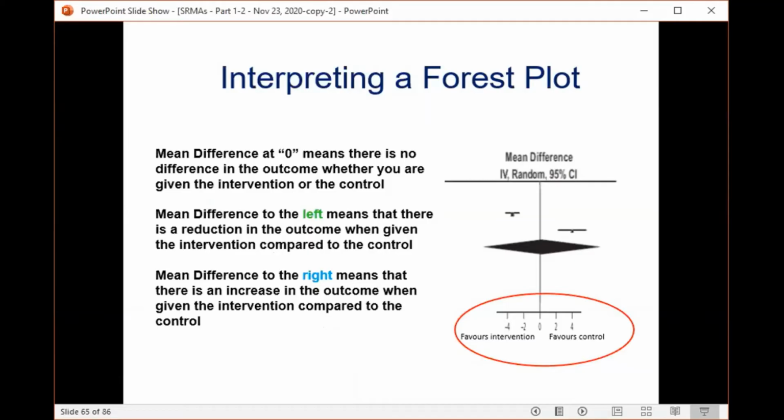So if we were talking about body weight as the outcome, then the first study in green here shows a reduction in body weight when given the intervention compared to the control. Thus, this means that the study shows a result which favors the intervention. Conversely, the second study in blue shows that there is an increase in body weight when given the intervention compared to the control, which means that it demonstrates a favoring of the control in terms of body weight.